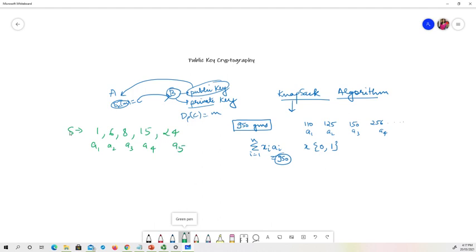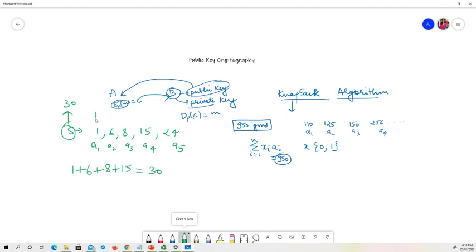If I ask you to generate the number 30 from this set, one way is 1 into 1, which is 1, plus 6 into 1, which is 6, plus 8 into 1, so the total is 15, plus this 15, which gives a total of 30.